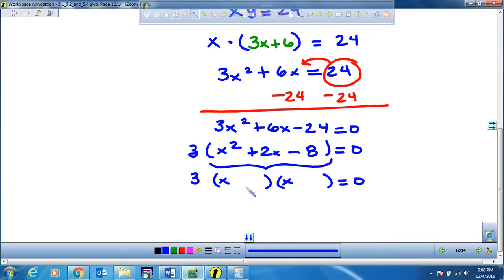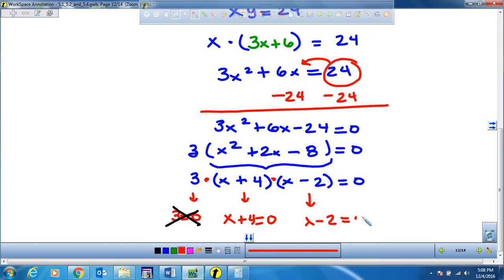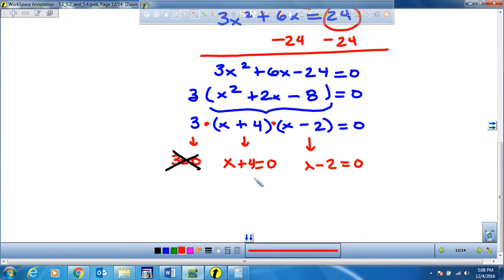Numbers that multiply together give you 8 and subtracted give you 4. 4 times 2, plus and minus. You already know that this 3 is going to be ignored because 3 equals 0. It's not something you can solve for x because there's not even an x to solve for. But you're going to solve the other two equations for x.